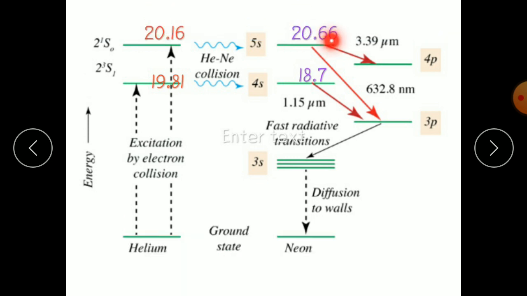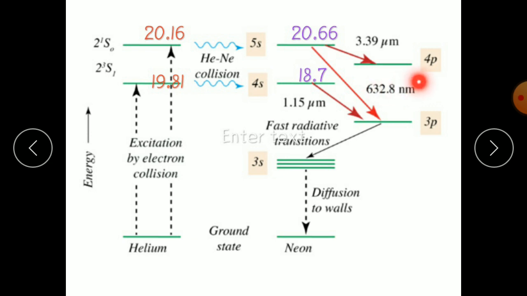From this 5s level, the atoms of neon lose their energy and come to the 4p level with the emission of a photon of wavelength about 3.39 micrometer. Similarly, the transition, or de-excitation, from 5s to the 3p level takes place, and this transition emits the wavelength of 6328 angstroms.